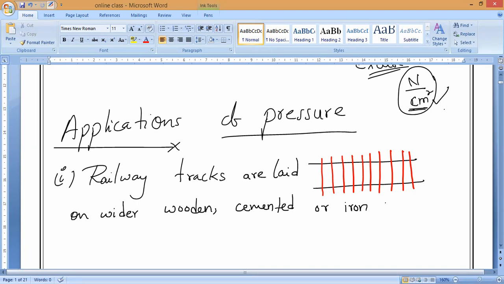Iron sleepers we can see at railway stations. At junctions we can see wooden sleepers. And at normal places, cement sleepers. They are called sleepers.